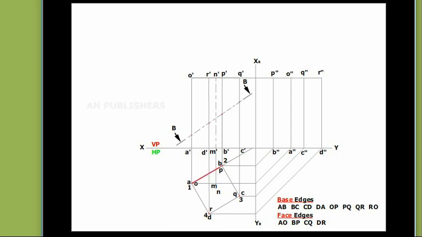Now draw the remaining of the section solid with dark lines. Now hatch it.